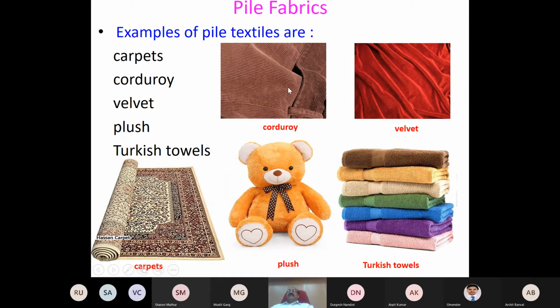India is also one of the largest producers of corduroy fabric. Velvet, you can see here, is a very smooth, slippery surface fabric. Plush structures are used for making toys and children's garments, and Turkish towel, which we all use as bath linen.